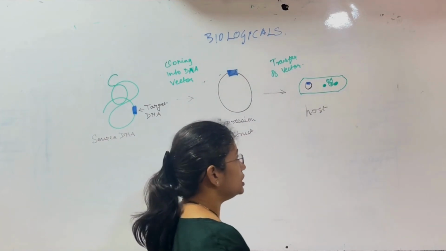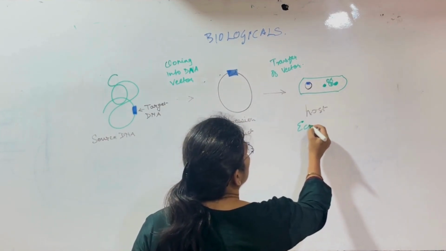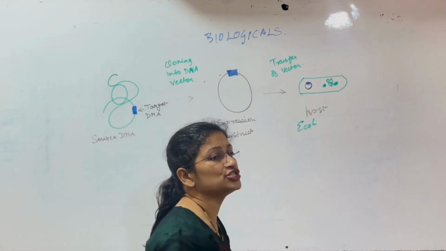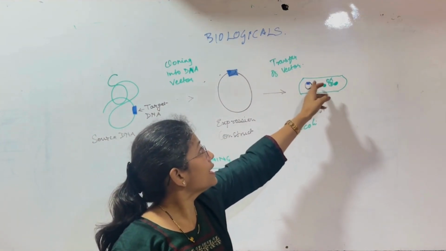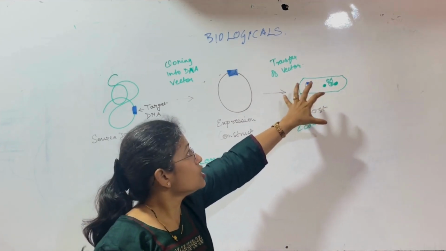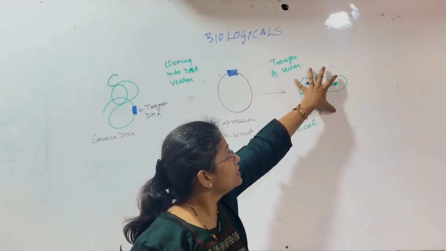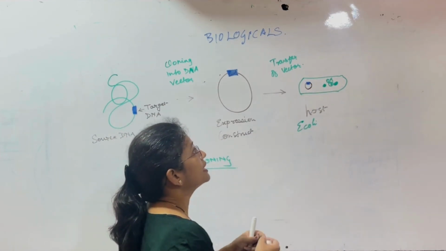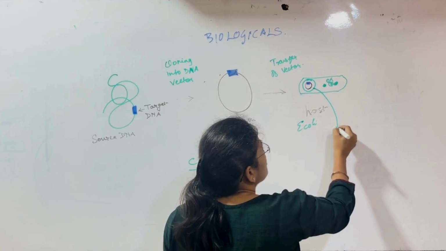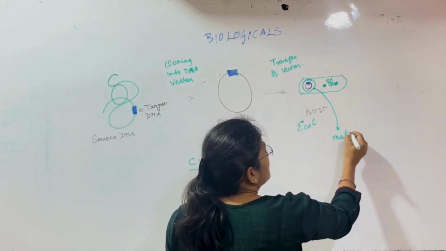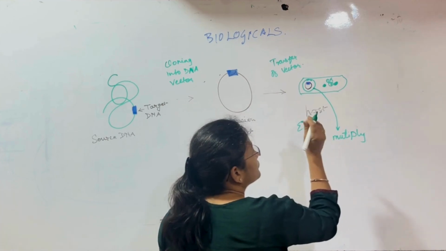Host is generally E. coli or any other microbe which has the capability to multiply the expression construct. So with this they will multiply and then we will get a number of copies.